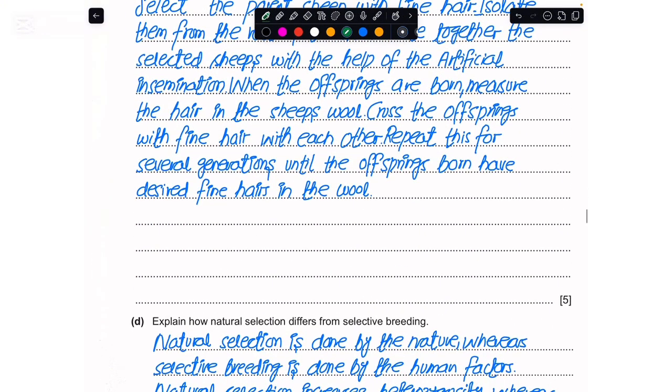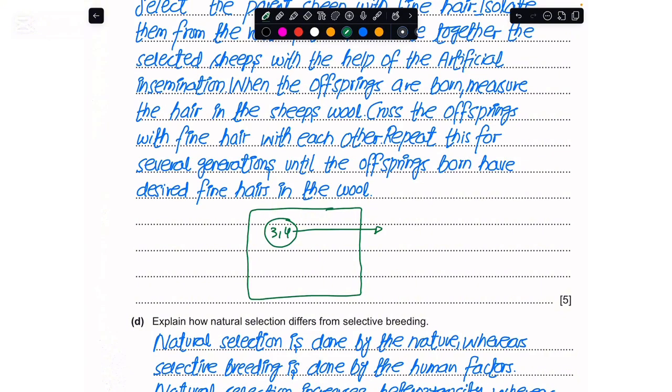So the idea, class, is that in that farm there could be many sheep. Not all the sheep would have wool with thin hair. Only a few sheep, maybe three or four out of an entire herd, would have wool with thin hairs. So I would separate these sheep from the remaining herd.